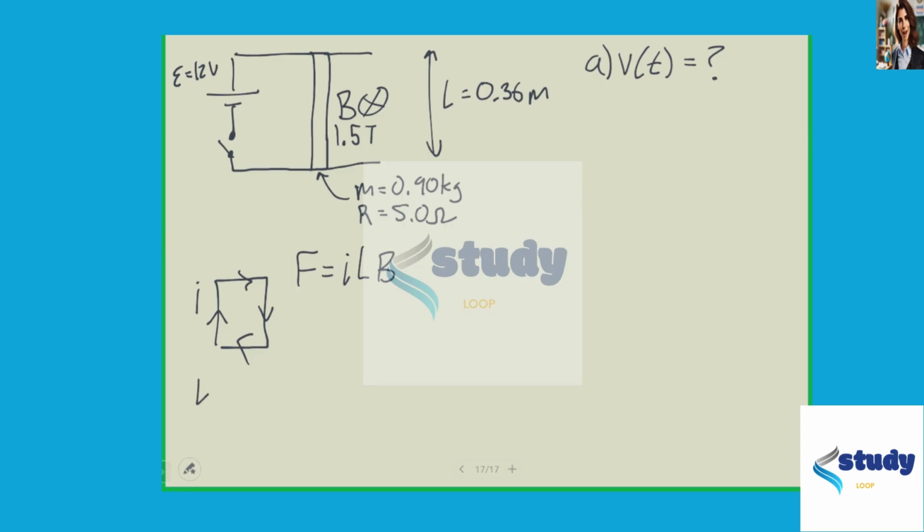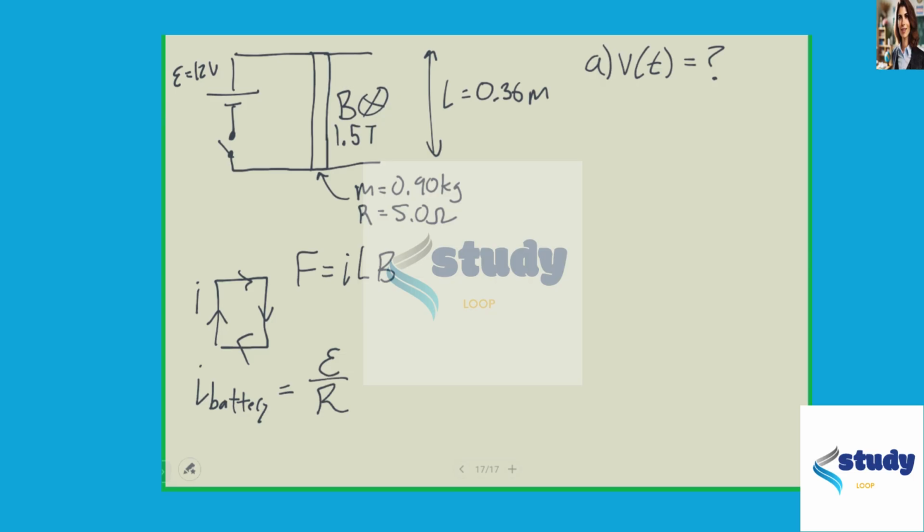Well, let's call this the battery current. So the battery current comes from Ohm's law. So it's just the battery voltage divided by R. So that current leads to this kind of force, which pushes the bar this way.